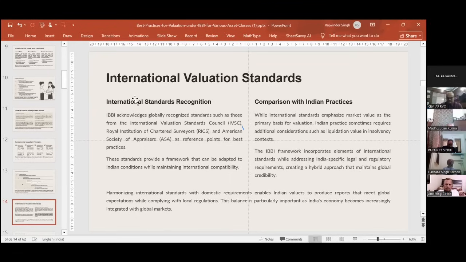Then, whenever you are doing valuation, you have to follow certain valuation standards, and you even have to mention these valuation standards in your valuation reports.